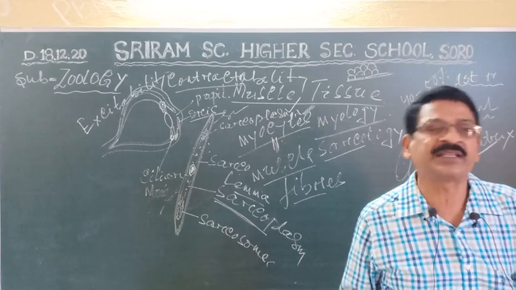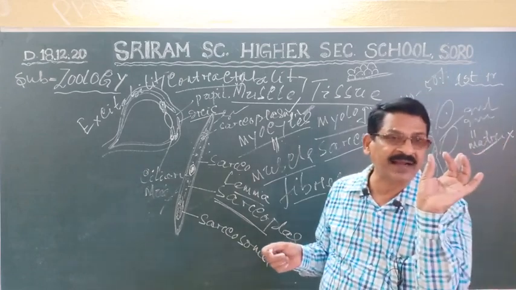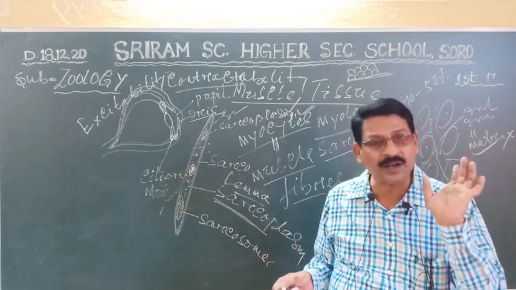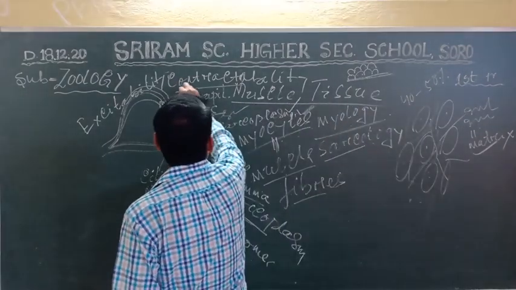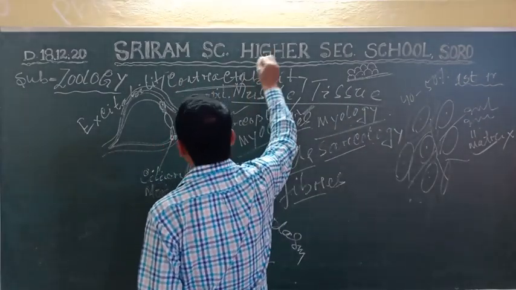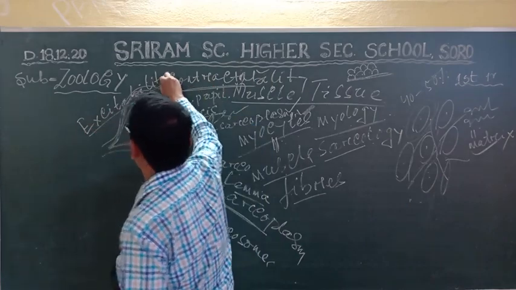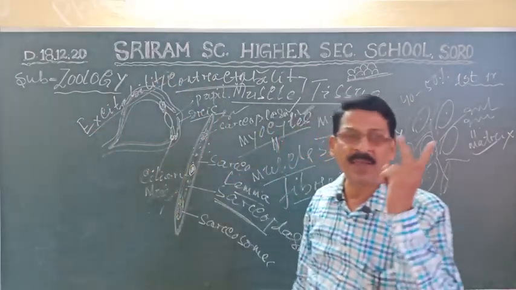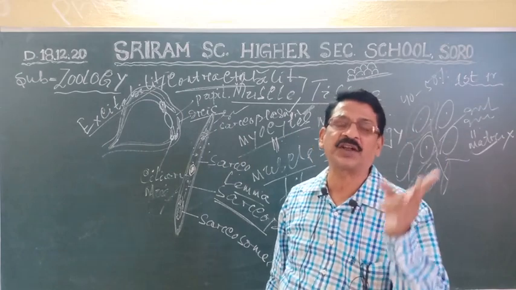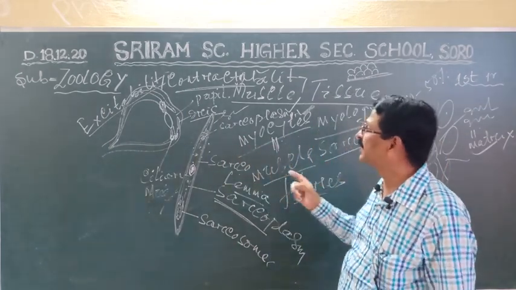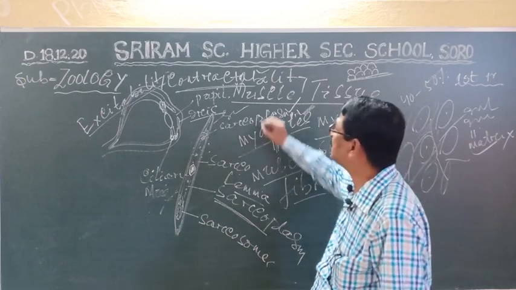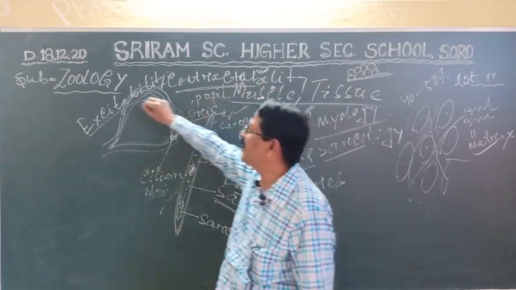That means after receiving the stimulus, it has to contract or relax. Clear? So the muscle cells have two properties: contractibility and excitability. Those cells having these properties are called muscle cells.